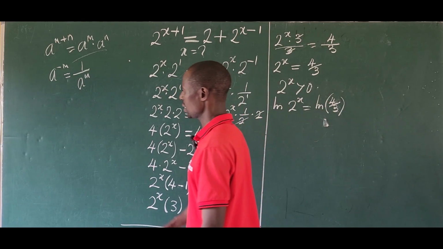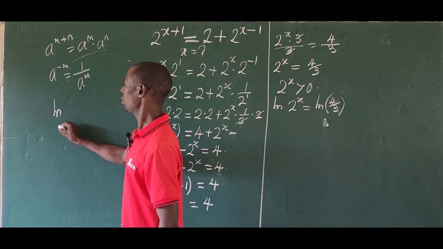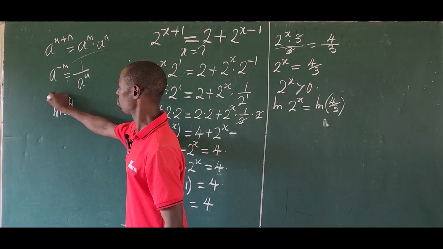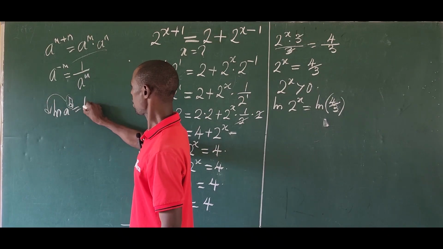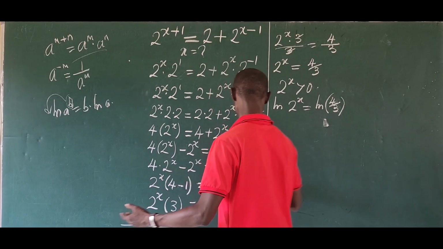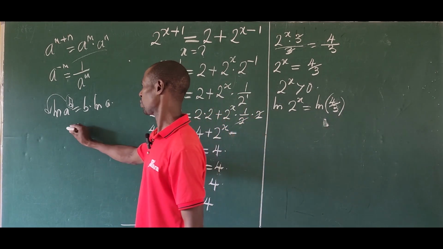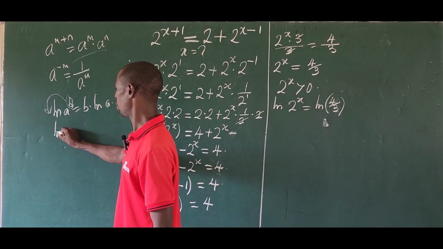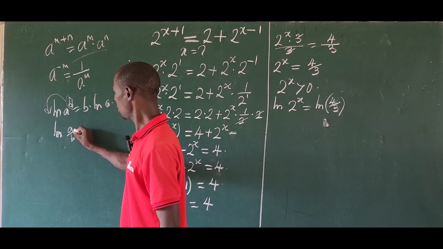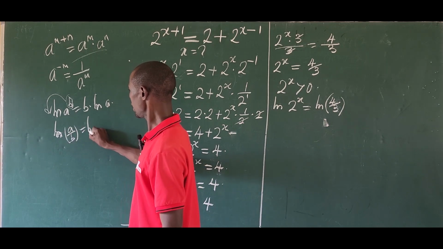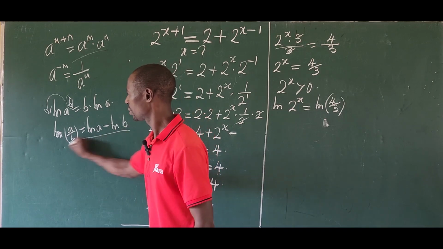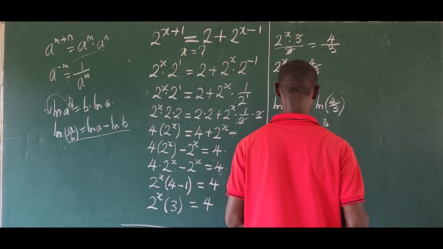The power law says that when you have the ln of a to the power of b, we move the power to the front to give us b times the ln of a. Then the division law for the other side says that the ln of a all over b is equal to the ln of a minus the ln of b. So let's apply these two rules here.